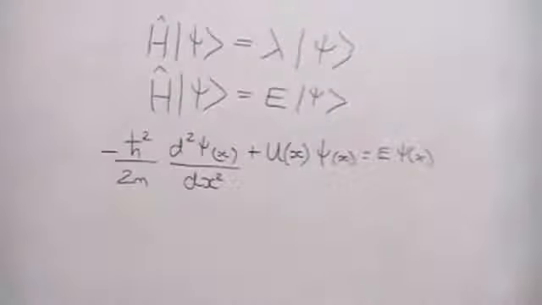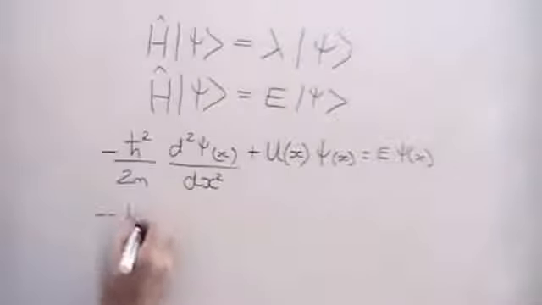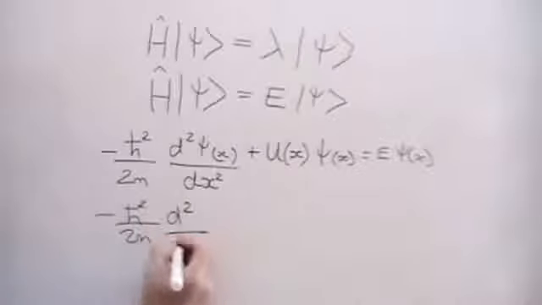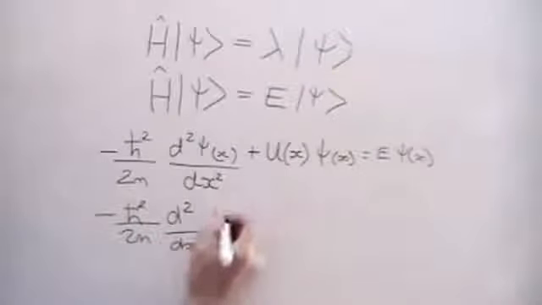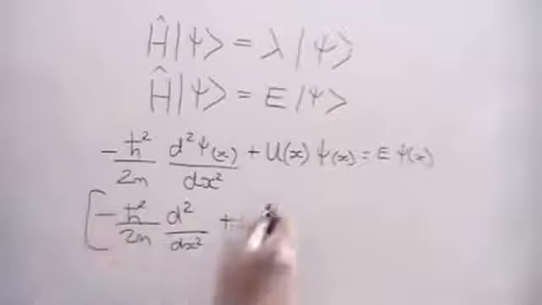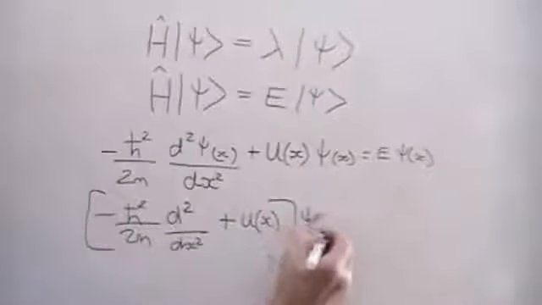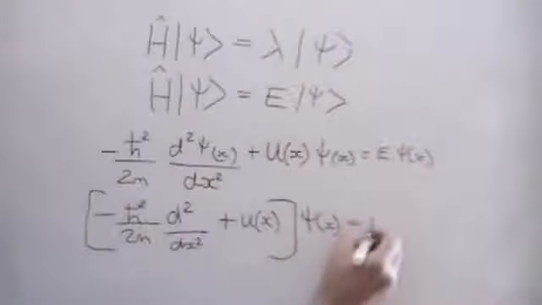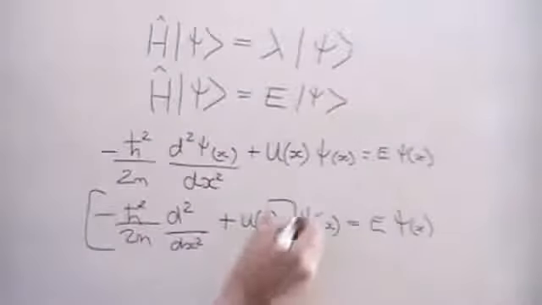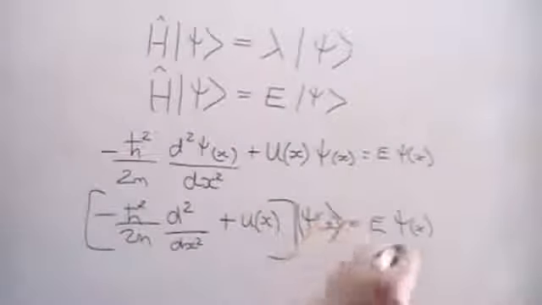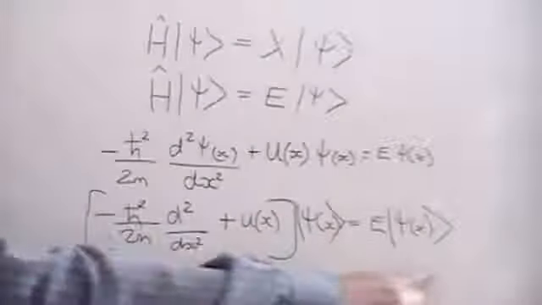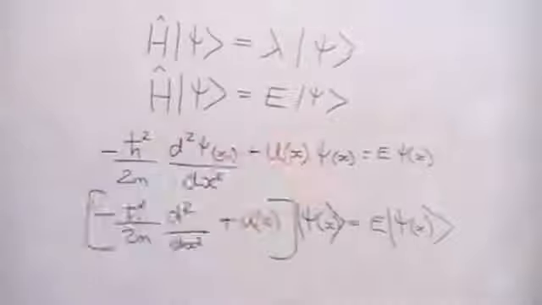Now I could rewrite this, of course, like this: minus h bar squared over 2m, d2 by dx squared, plus U of x, all acting on psi of x, is equal to E psi of x. And if I put those psi's now in Dirac notation, you can see we've got a format which is equivalent to this format here.